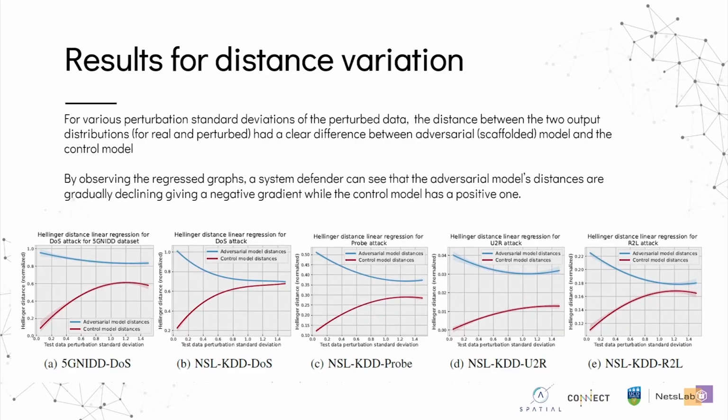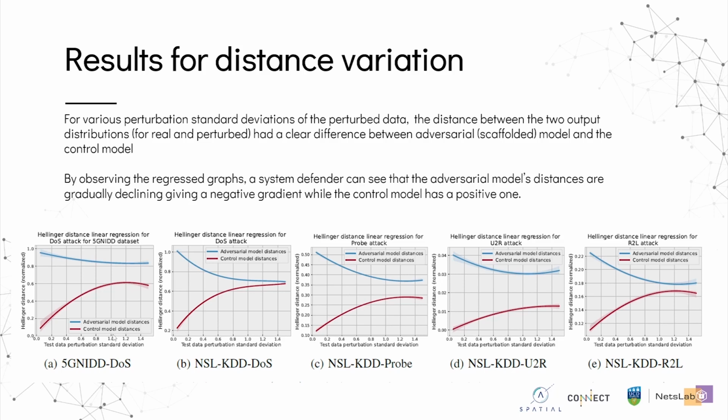Now, looking at the results, as shown in the graphs, the statistical distance between outputs from real and perturbed data is much larger when the model has been tampered with, as shown by the blue curve. By varying the input perturbation, we see this distance decreases in the scaffolded model, while in the control model, it increases. The control model is shown by the red curve.